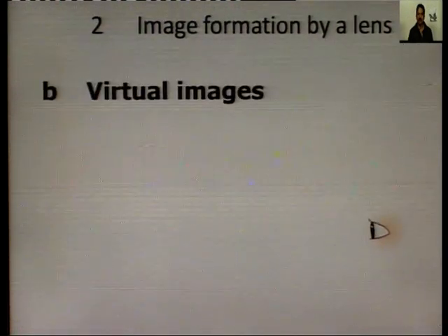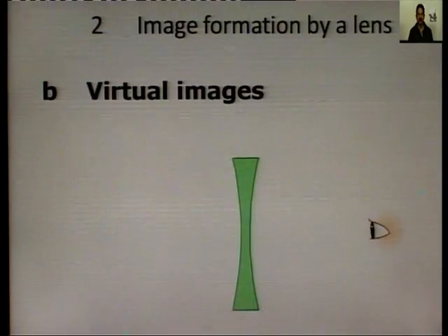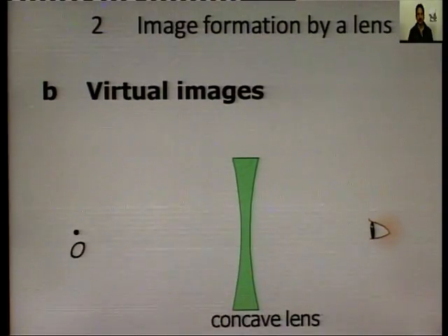Now, the second type of image is virtual image. What happens in case of a virtual image? Let us take a concave lens and an object O placed here.